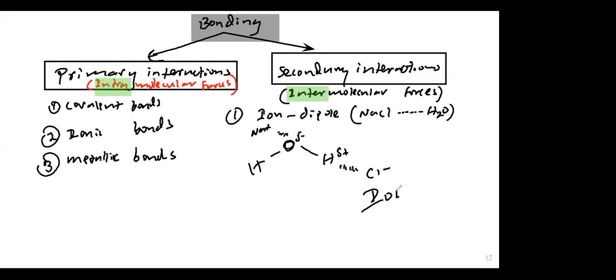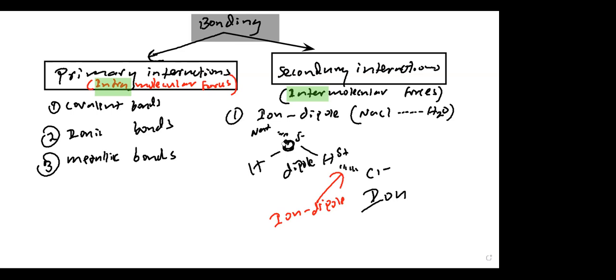This is the ion and this is the dipole. Di means two, poles like north pole and south pole, oppositely charged ends. Between the dipole and the ion, the interaction is called ion-dipole interaction. Is that clear, everyone? In ordinary level chemistry you learn just intermolecular forces.